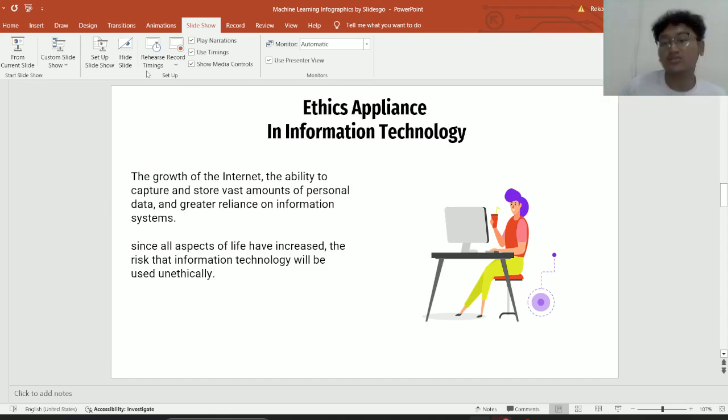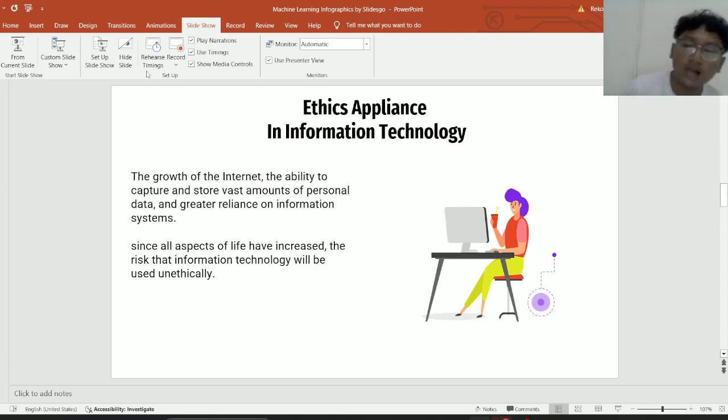Because of the faster growth of the internet, we have the ability to capture and store a lot of personal data and many other data, and it makes us have a greater reliance on information systems.